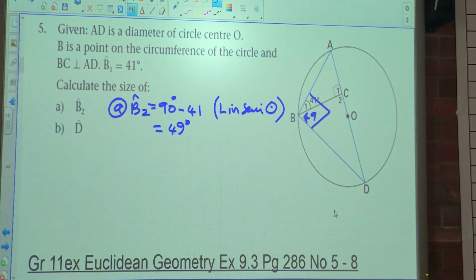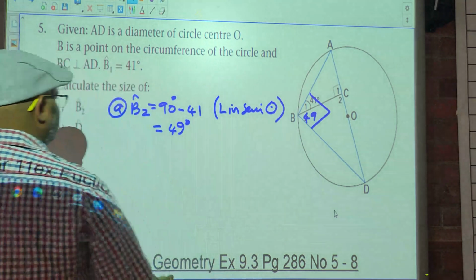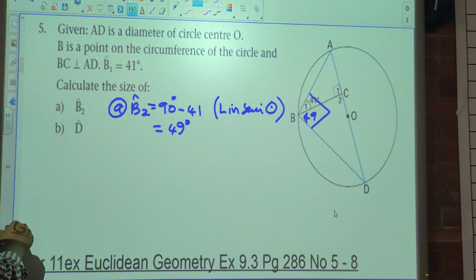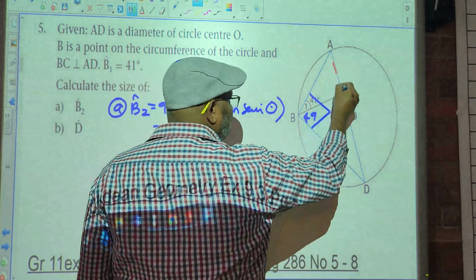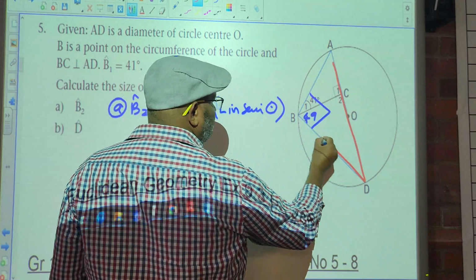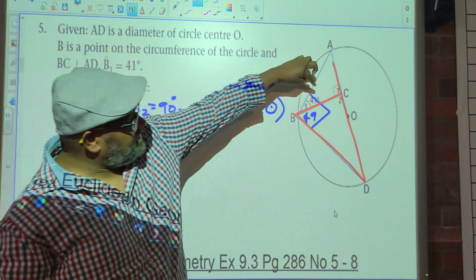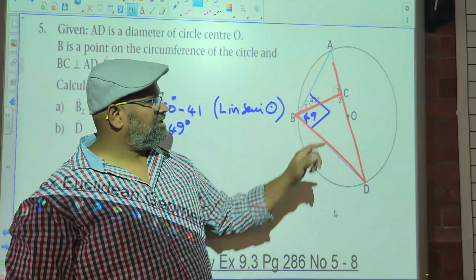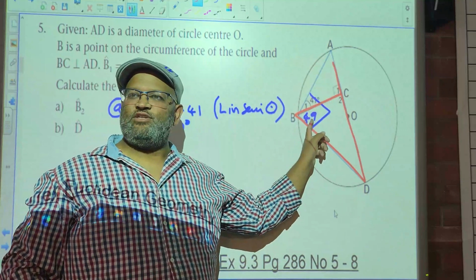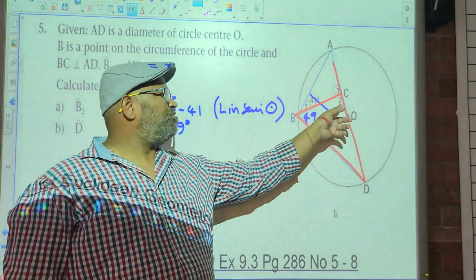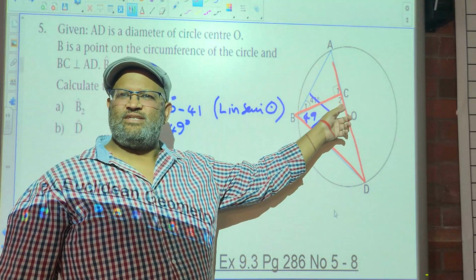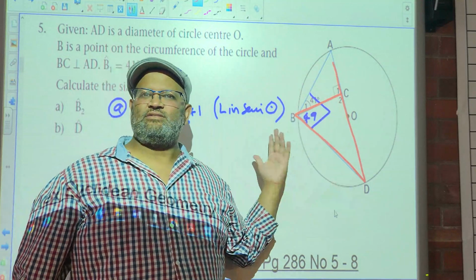Okay. Let's look at B, which is to work out D. So what can we do here? Exterior angle is equal to the sum of the two interior opposites. Not so? Or you could have worked out C2, angles on a straight line, and then sum in triangles.